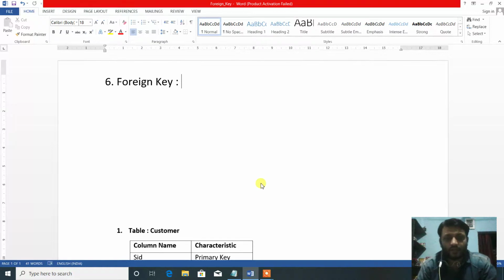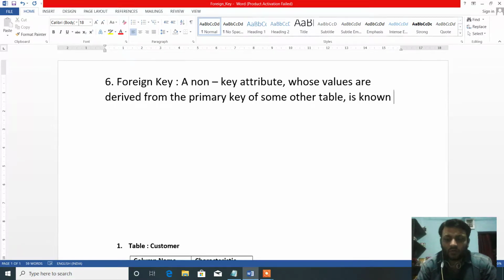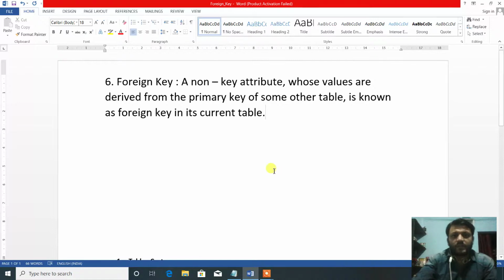The definition of foreign key is a non-key attribute whose values are derived from the primary key of some other table is known as foreign key in its current table. So this is the definition.